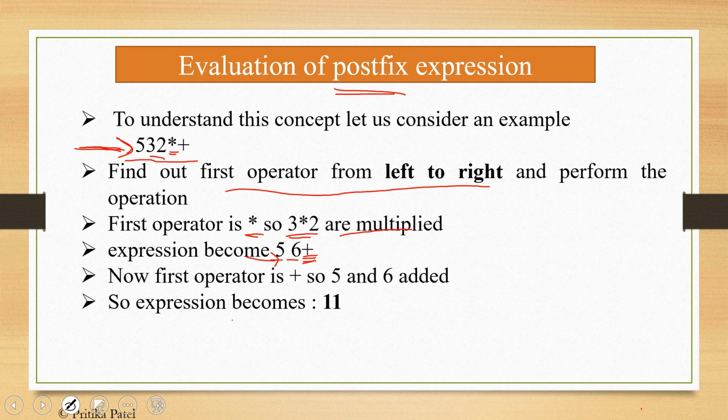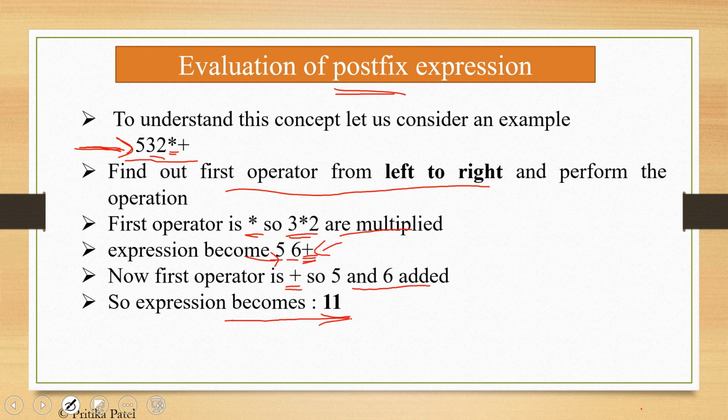So again an operator is found. Whenever we find an operator, we perform the operation based on that operator. So we found plus, so 5 and 6 are added, and our expression becomes 5 plus 6 is equal to 11.